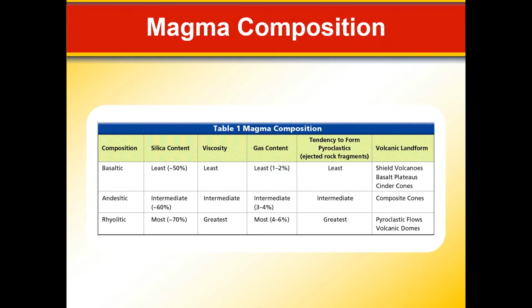And at the other side of the spectrum, you have rhyolitic, which is more or less 70% silica with the viscosity at the greatest and the gas content at 4 to 6%, and it has the greatest tendency for pyroclastics. And this type of magma is the most explosive.